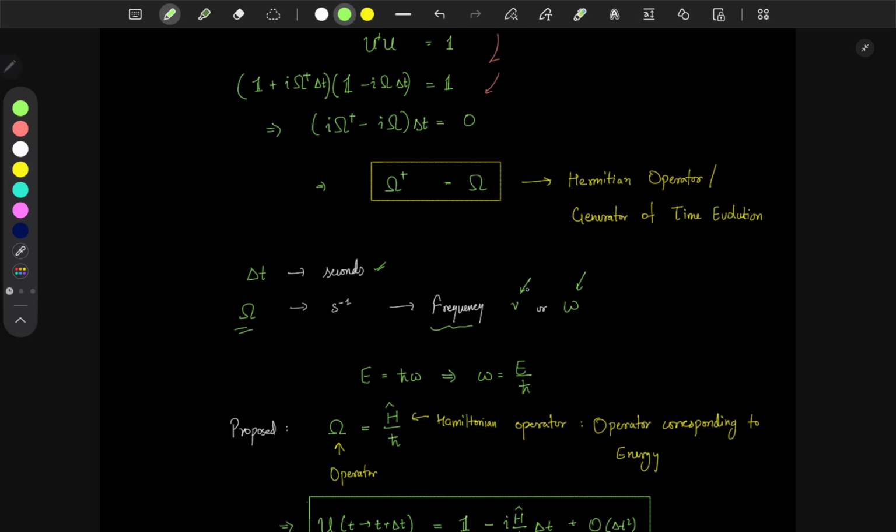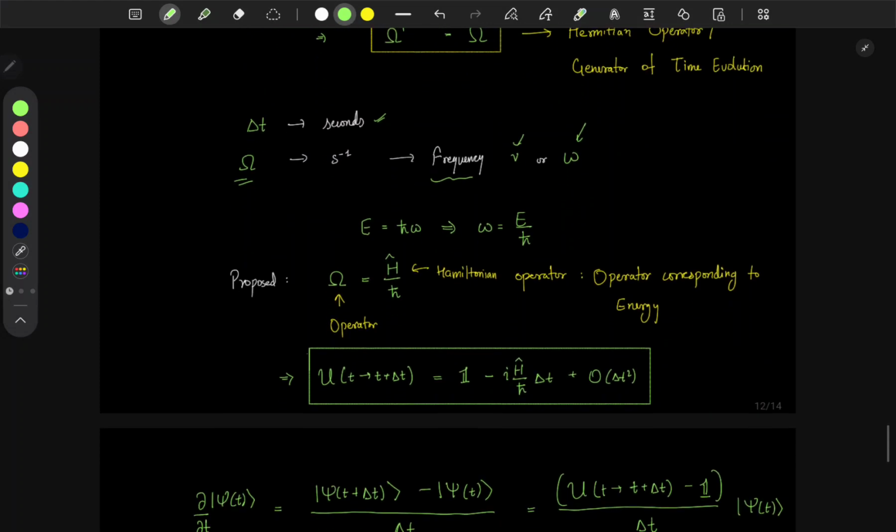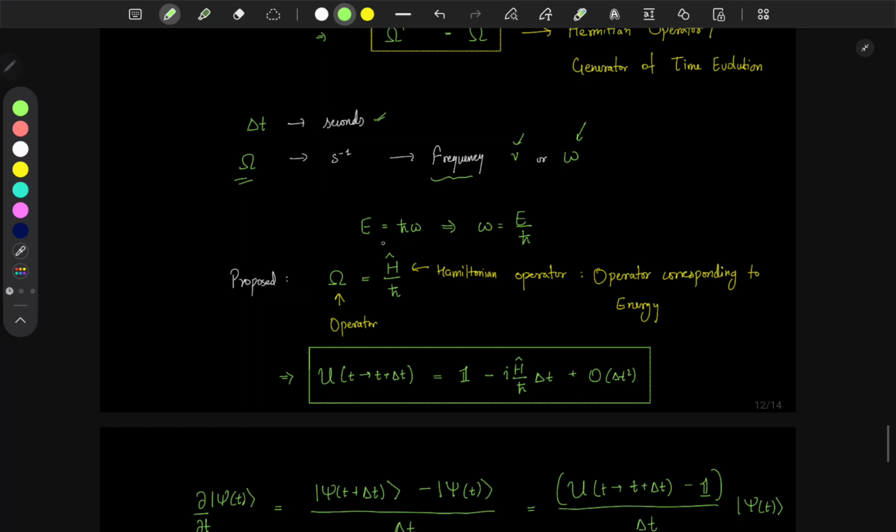Generally, the normal frequency or the angular frequency; this is more physical, but this is what we generally use in physics. And now you can see that, remember Planck's quantum law that says that the energy of a photon is related to its angular frequency.